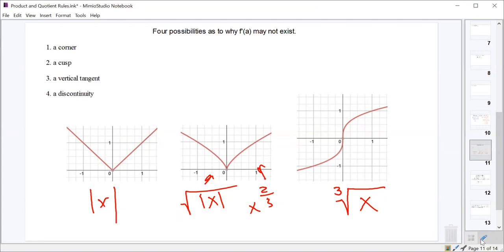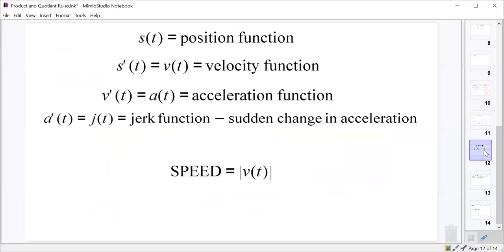All right. Next little thing we're going to talk about is motion and how these derivatives are related to motion problems.